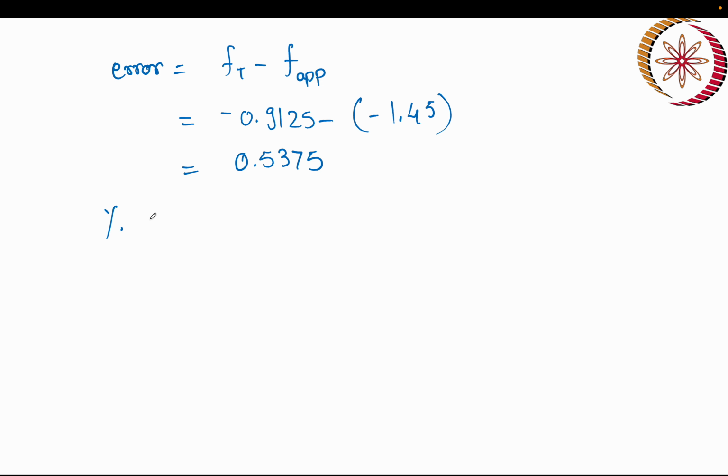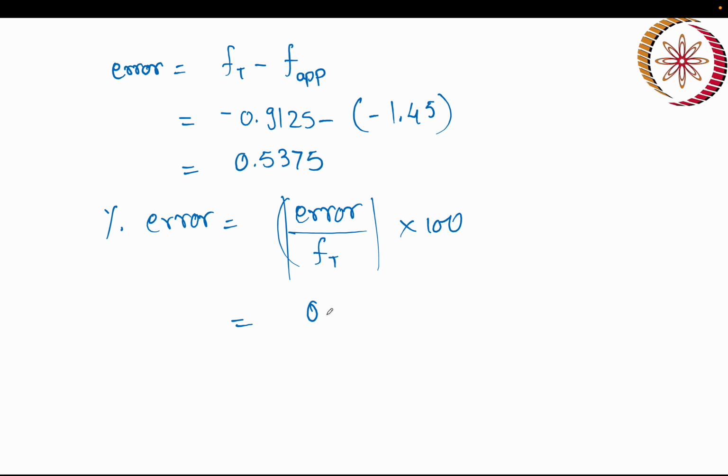And what we want is the percentage error. So the percentage error is that error divided by the true value of the function, taking the modulus, multiplied by 100.